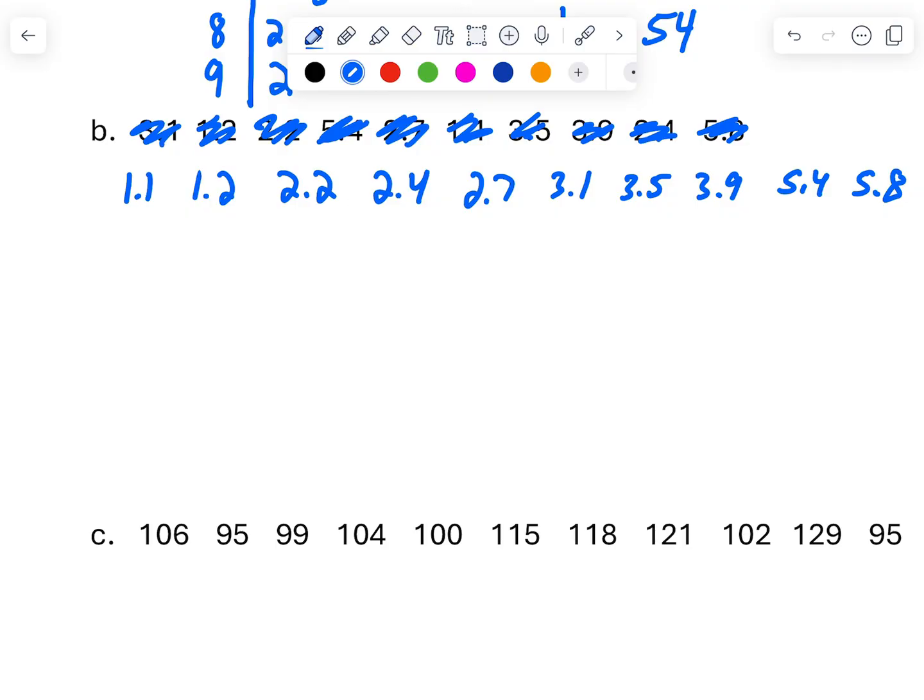Now that they're in order from least to greatest, I'm looking at my furthest left digit, which is in my ones place. I see it starts with a 1, and then I go all the way up to a 5, to 5.8. So I'm going from 1 to 5.